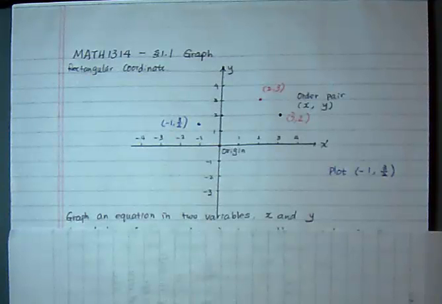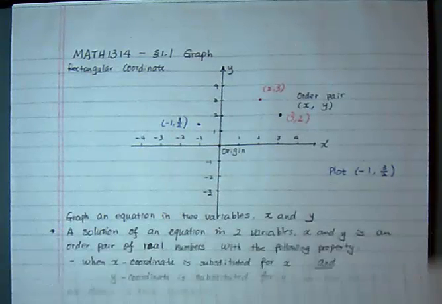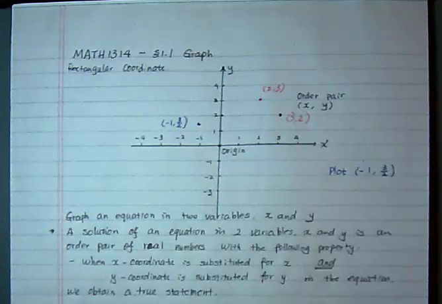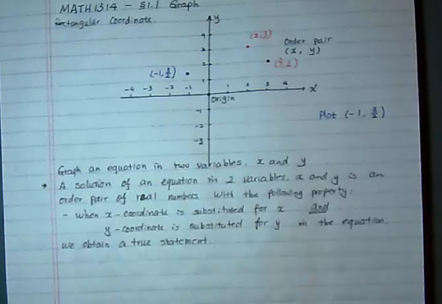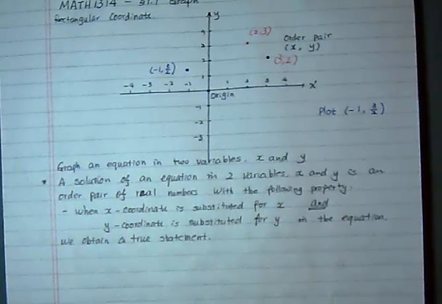Speaking of solutions of an equation, let's take a look. What is a solution of an equation? I've already written it here to save some time. You might want to take a look.